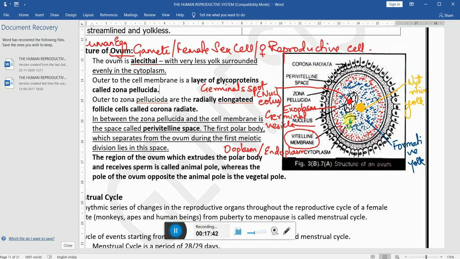So let me just draw this mitochondria. One mitochondria, I'm drawing it over here. So there can be mitochondria present. What is the purpose of mitochondria, if somebody asks you? Well, the purpose will be to provide energy to the developing embryo, and it has its own DNA.